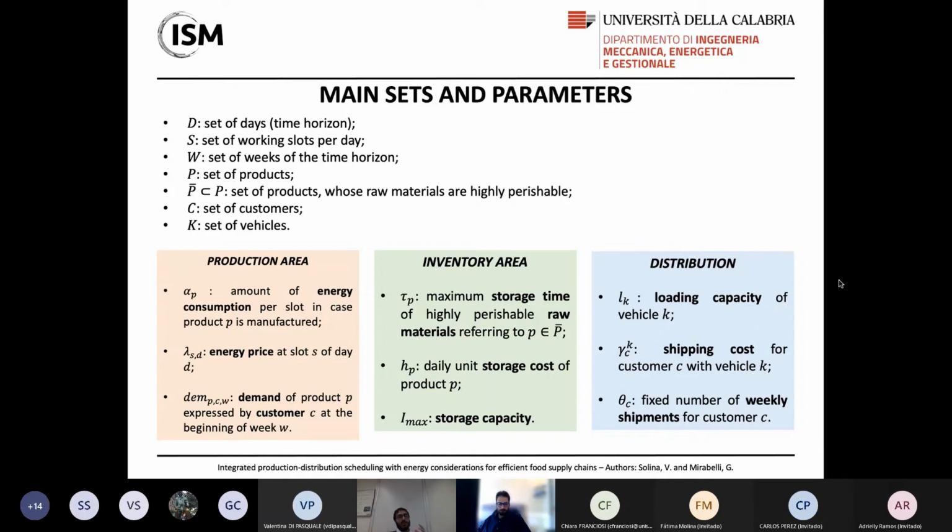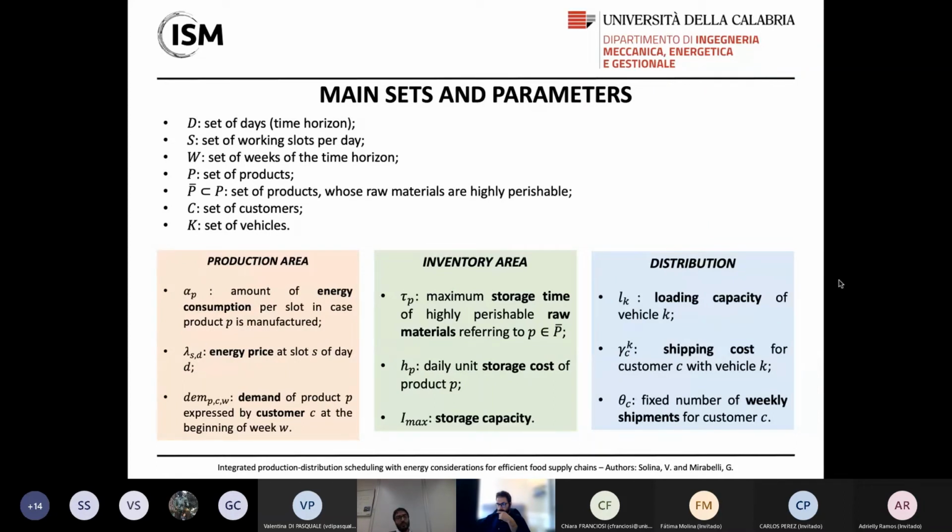Then about the production area, what about the parameters, the data? It's important to say also that we have a single production line. And about the data, we know the amount of energy consumption per slot during the day, in case each product is manufactured. We know the energy price and the demand of each product by each customer.